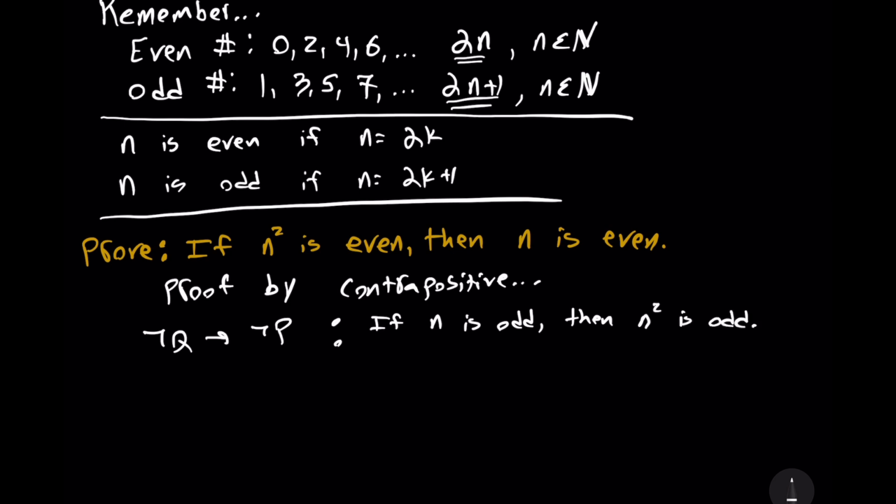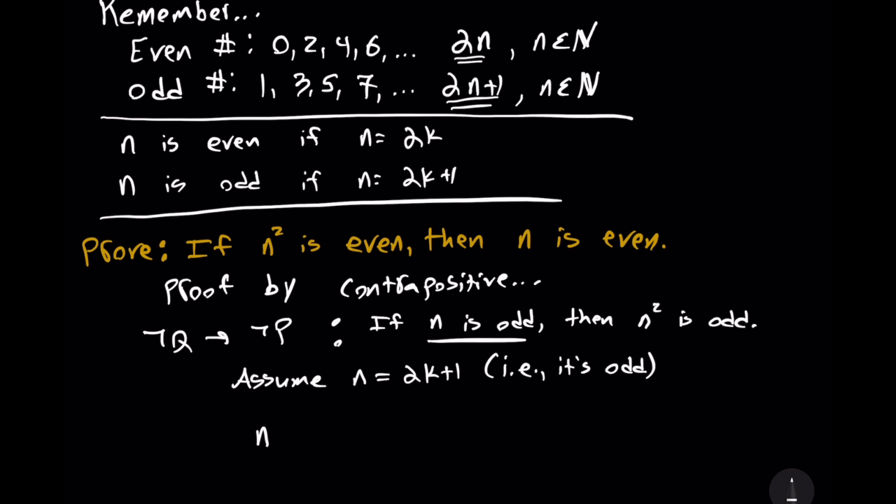So we're going to assume n is equal to 2k plus 1, i.e. it's odd. And then let's just square it and do some mathematics.